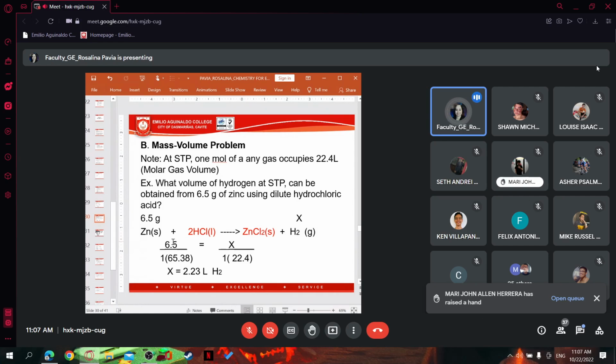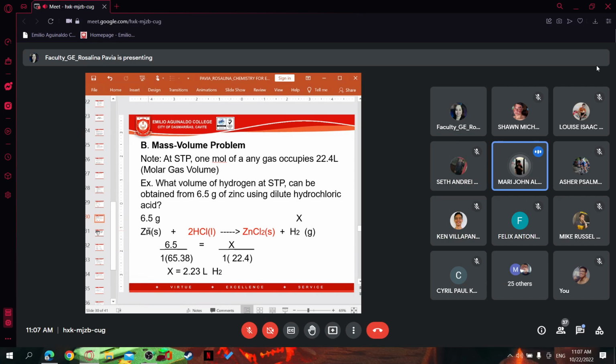So, 6.5. Yes, Mr. Herrera. Ma'am, saan po galing yung 65.38 po pala? That is the atomic mass of zinc. Okay po, thank you po. Pag element, pag free element, atomic mass. Pag compound, molecular mass. Ang ilalagay nyo, ha?